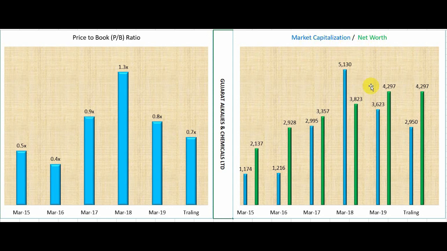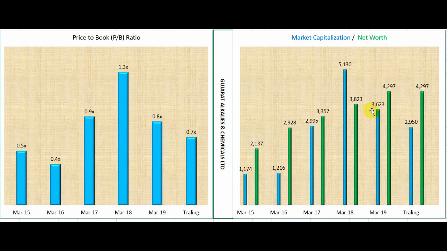So the company's market cap in March 19 decreased to 3,623 crores from 5,130 in March 18. It dropped to 3,623 crores in March 19, against which the company's net worth was more than the company's market cap, meaning we are getting it at a good discount of 0.8 times, which again means the company's market value has fallen below the actual value of the company on the books.